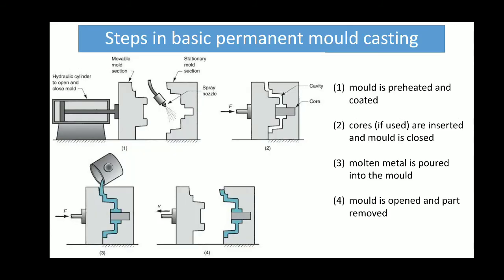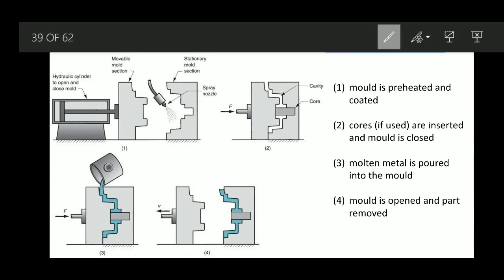What are the basic steps involved in permanent mold casting? In general, as we have already discussed, there will be two halves for that particular mold. In most cases one half is fixed and the other half is movable, and generally a hydraulic system is used to have the movement, that means ultimately opening or closing.